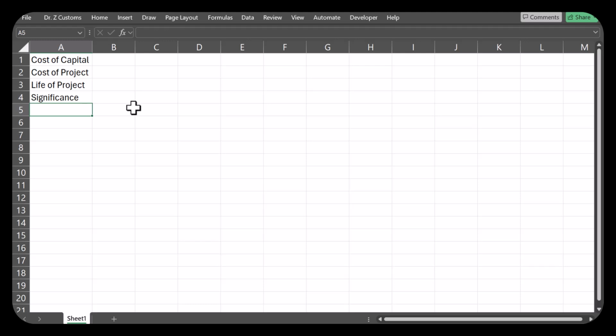If it is positive but significantly positive, I'm going to say go ahead and accept it. Sometimes it's negative, but it's not too bad. I don't want to directly reject the project. So in that gray area, I'm going to basically say, why don't we think about this a little bit more? Maybe go back to inputs, or there are certain other things that we're going to cover in later chapters.